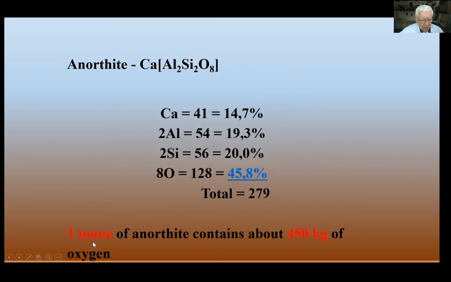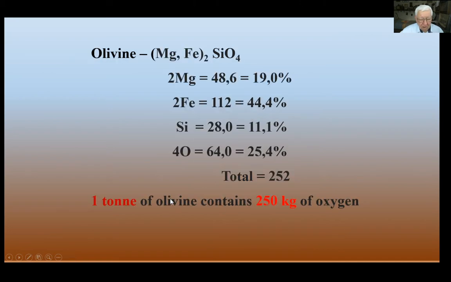And anorthite much more, because 1 ton of anorthite contains about 450 kilograms of oxygen. So by melting and using special technologies we are able to obtain oxygen from rocks. Oxygen is important for us for breathing.